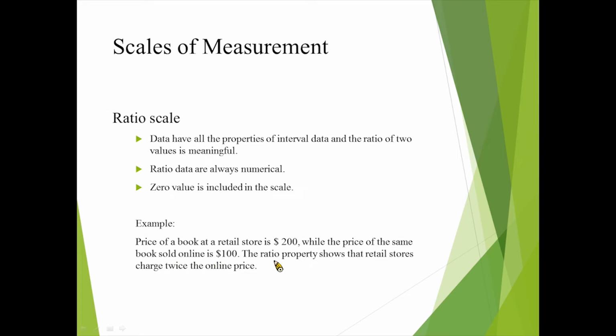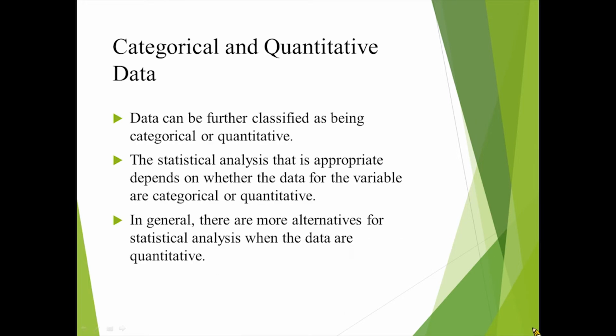So the ratio shows the retail store charges twice the online price. This is 200 divided by 100, so this is 2. So the next one is that data can be further classified as being in the category of quantitative data.